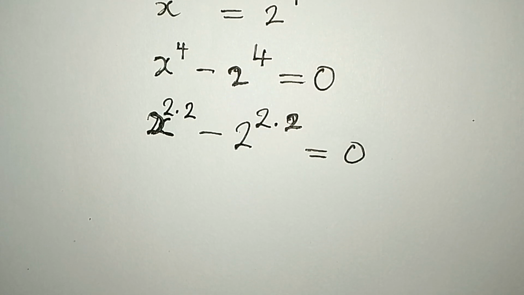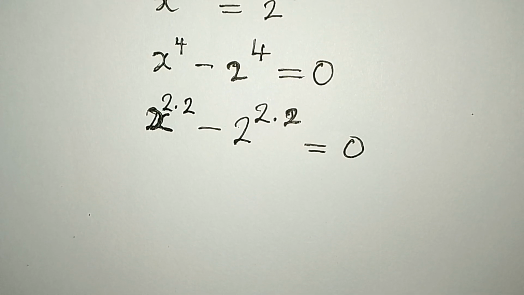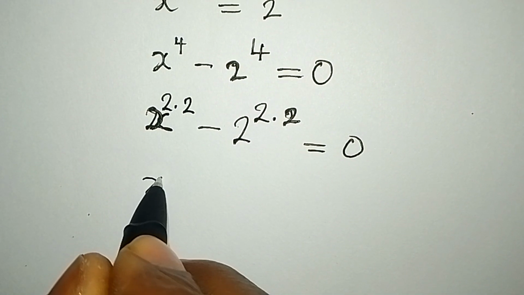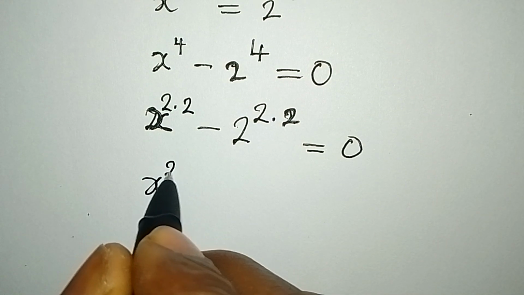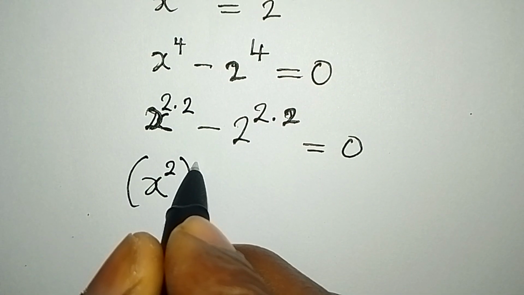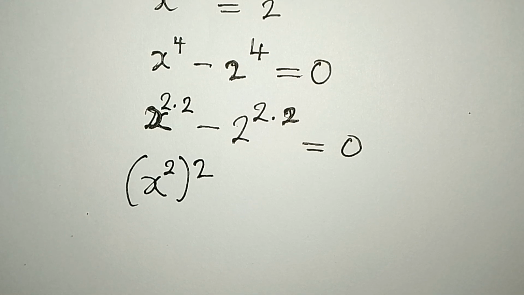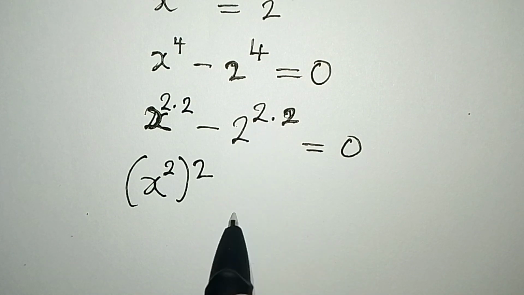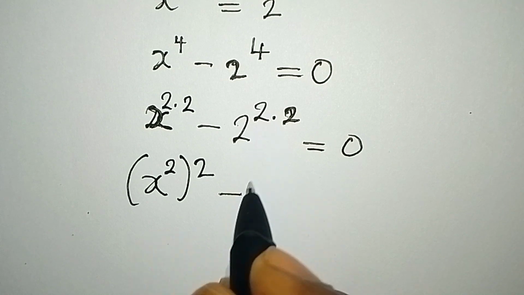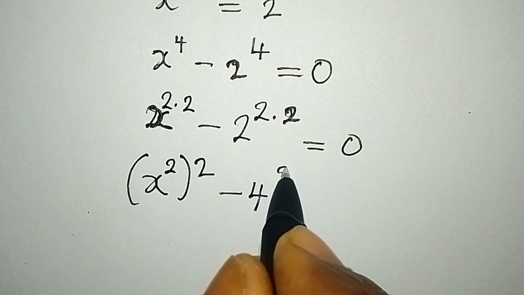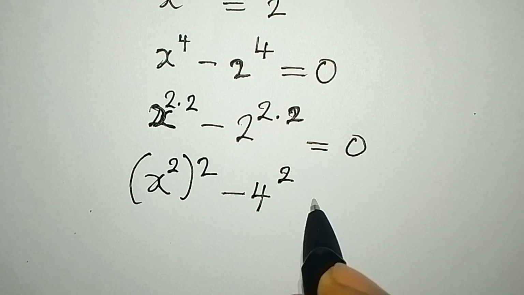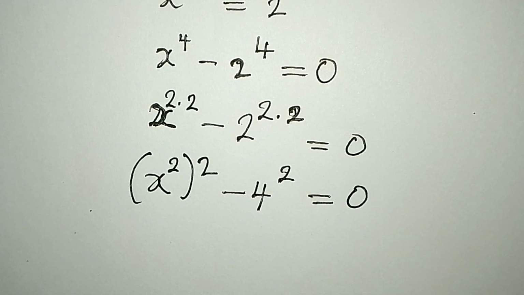This is the same thing as x to the power of 2, all to the power of 2. And then coming down here, 2 to the power of 2 will give 4, so we are having 4 squared from there. And this is equal to 0.